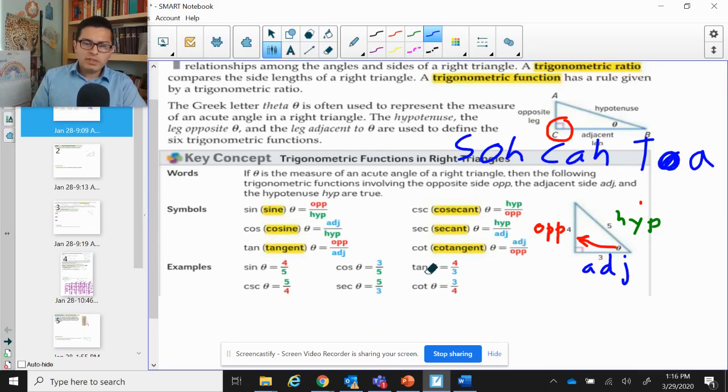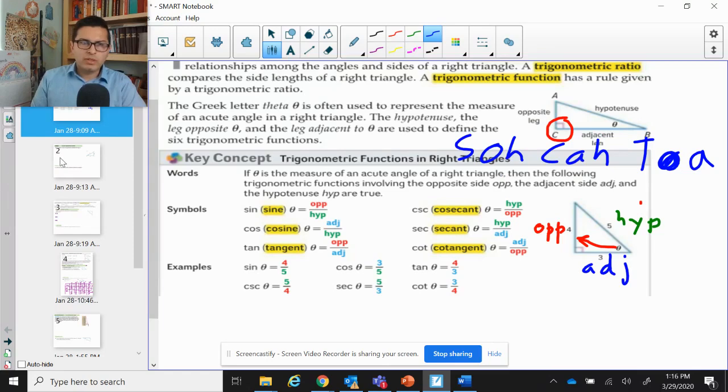Now, tangent of theta and cotangent of theta are also reciprocals. So instead of 4 over 3 for our tangent of theta, we get 3 over 4 for our cotangent of theta. Now, that is what we are doing at the moment, so this is all you have to remember how to do. It all stems from SOHCAHTOA.